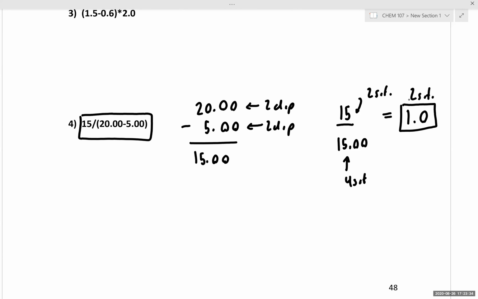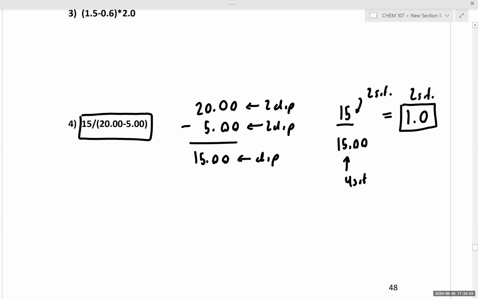To elaborate a little bit more, since we're dealing with a subtraction operation, we care about decimal places. Both of our numbers have 2 decimal places, so our final answer needs to have 2 decimal places. We retain all of our digits up to the 2nd decimal place, and then we use this entire number, 15.00, in our division operation.